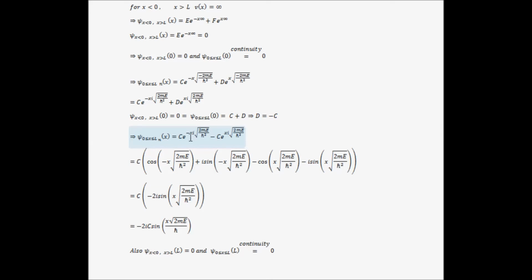Theta, of course, is everything except the i. So I've ended up with C cos of this nasty thing plus i sine of the same nasty thing, and then minus cosine of that nasty thing minus i sine of that nasty thing. These two parts are from this term, and these two parts are from that term.